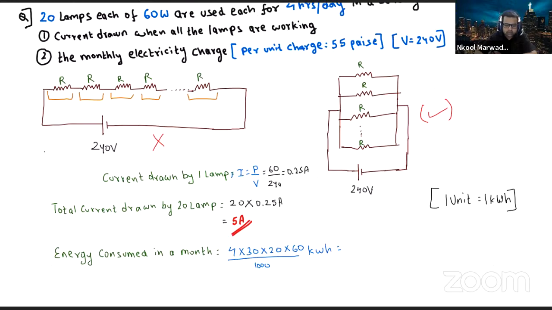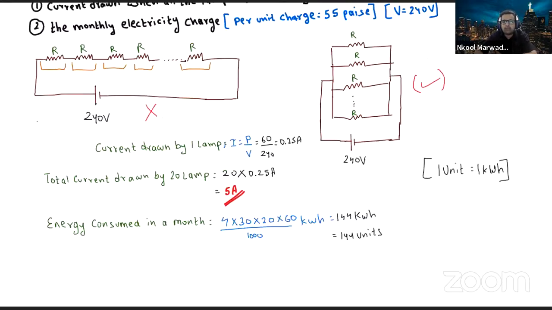So when you solve this, you will get 144 kilowatt hour. And since 1 kilowatt hour is 1 unit, I can say that I will get 144 units. And 55 paisa will be 0.55 rupees, I can divide it by 100.